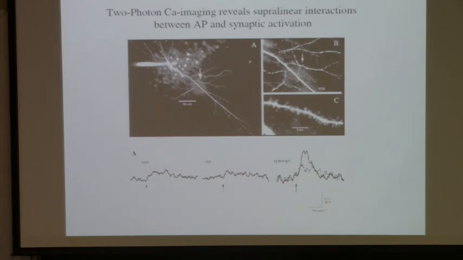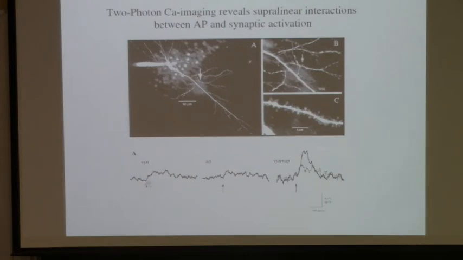They can record calcium entering into here, in the two circumstances. So you're stimulating the cell in here with this electrode to fire action potentials, and you're also stimulating locally in here outside to activate the synapses. And then you record the amount of calcium that you get into a particular synapse.